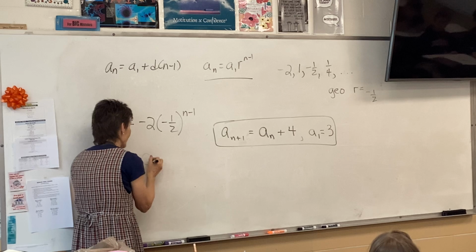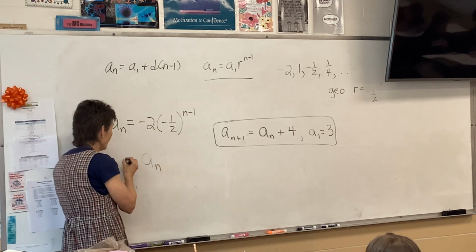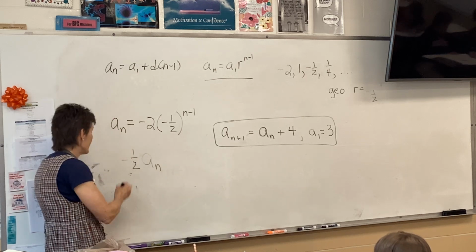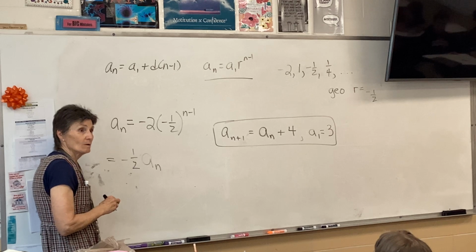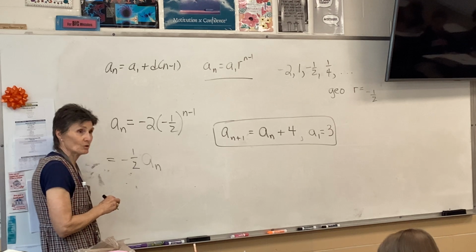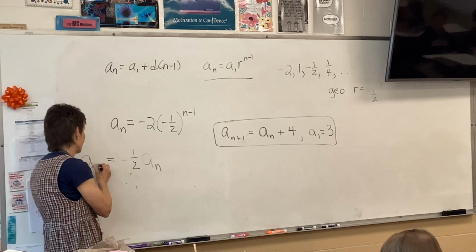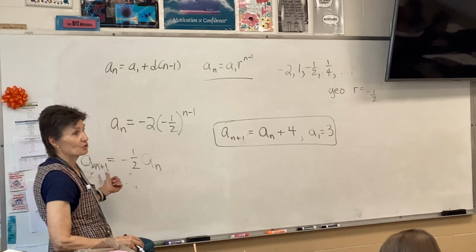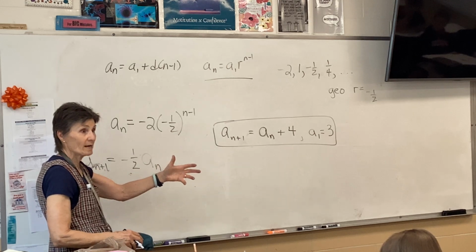So if I take my generic term, a sub n, and I multiply it by negative 1/2, it will give me the next term, right? What's the term that comes after the nth? N plus 1. So the n plus 1th term is just the nth term times negative 1/2.